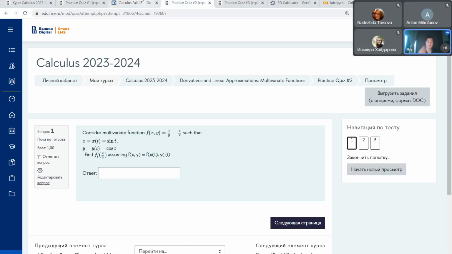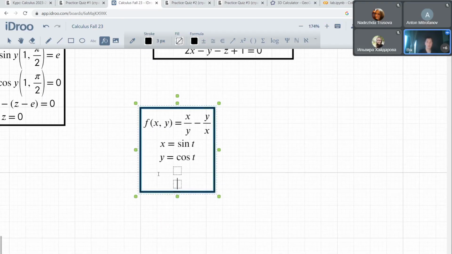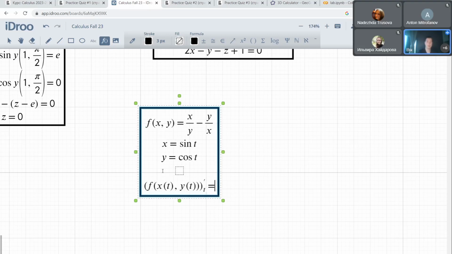So what do you know about the point of pi over 4? What do we know about this function? How to compute the derivative over variable t for such a function?